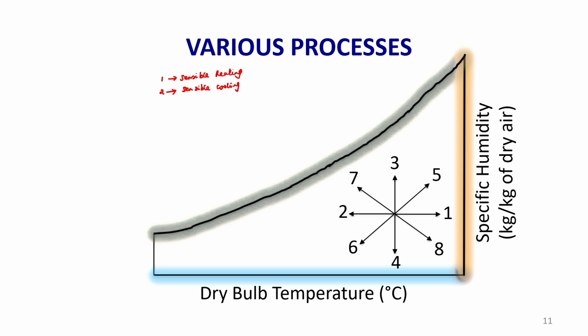Okay. 3 is humidification. If you see the line perpendicular to the x axis, it is humidification, where the temperature remains constant and the specific humidity increases. Four is opposite to humidification, that is dehumidification.